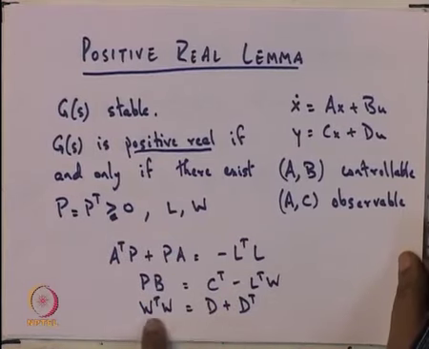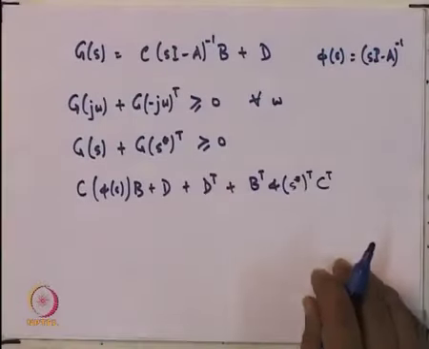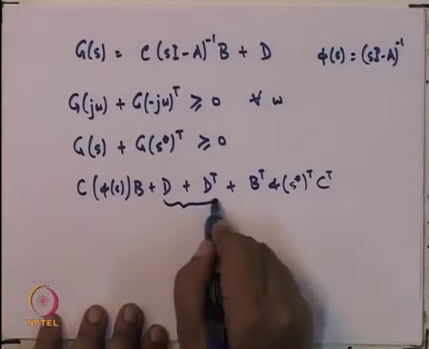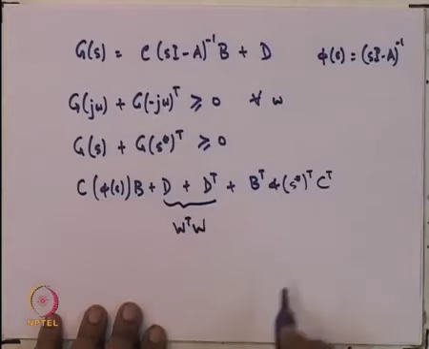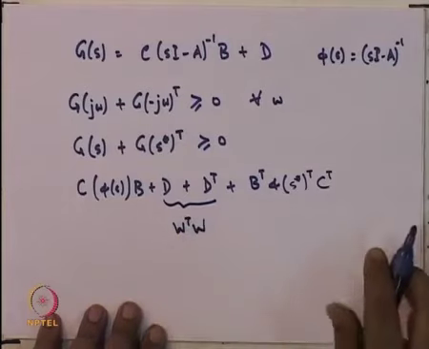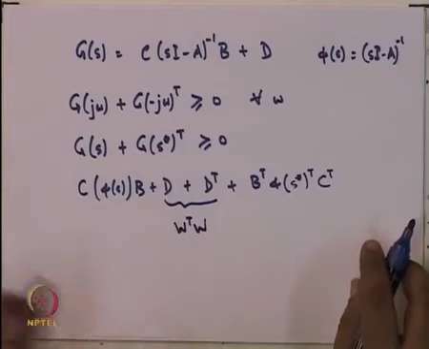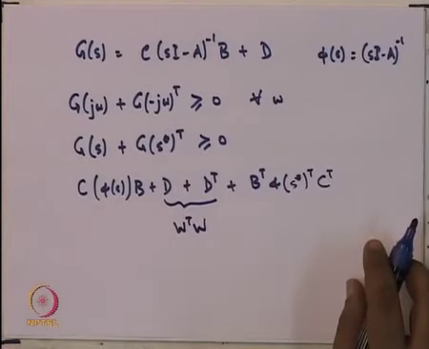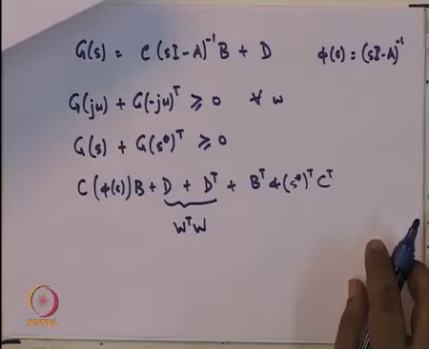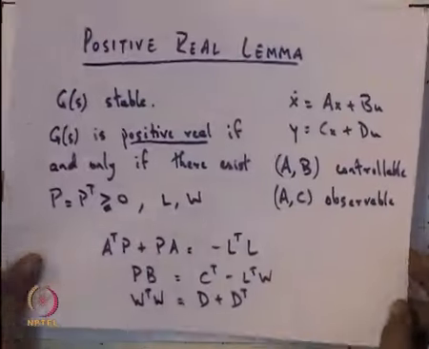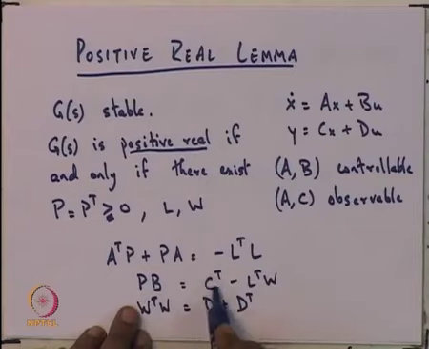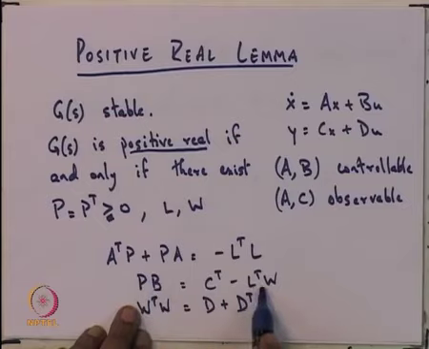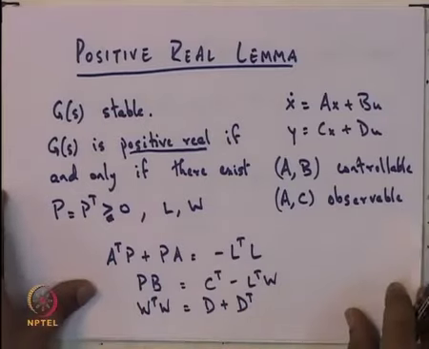So, for D plus D transpose I will substitute W transpose W. There are these other two terms, and I will use this particular second equation. For C transpose I will substitute PB minus L transpose W.